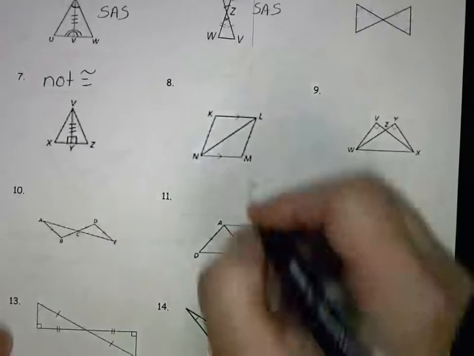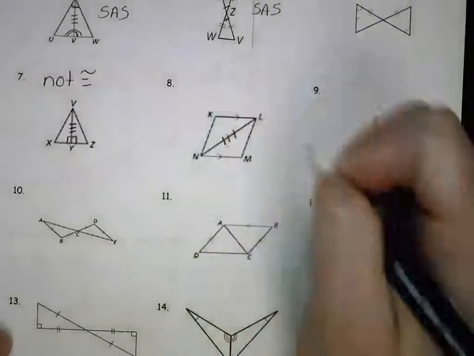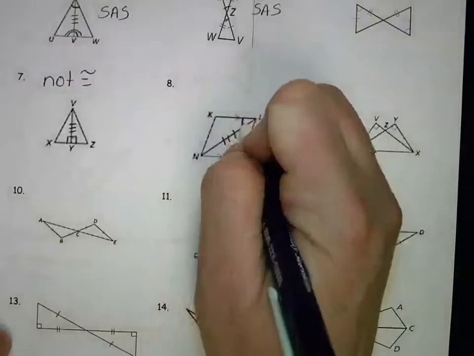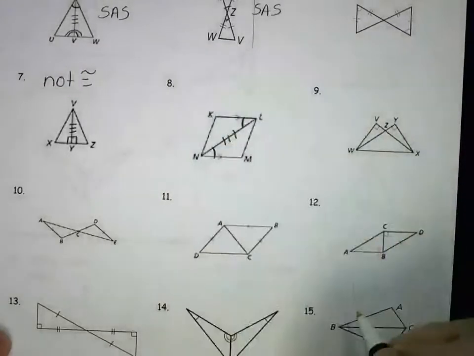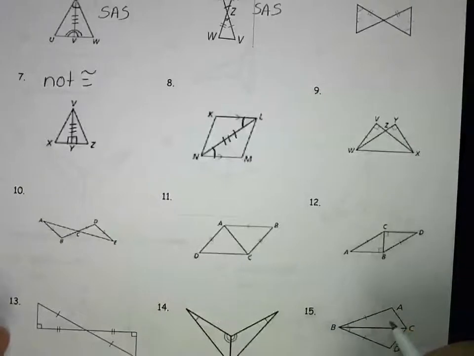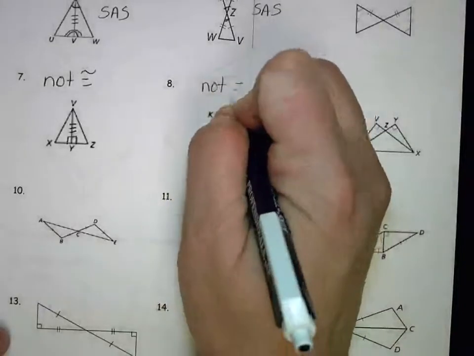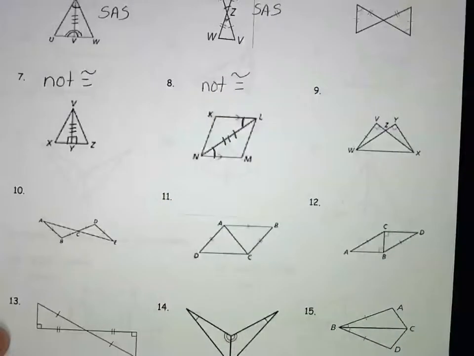Number 8, that would be congruent to itself by reflexive. Those would be congruent by alternate interior angles. But we only have those two pieces of information. So those two are not necessarily congruent.